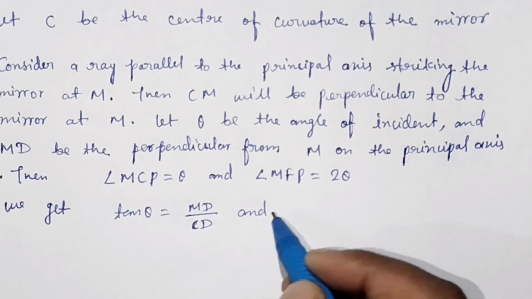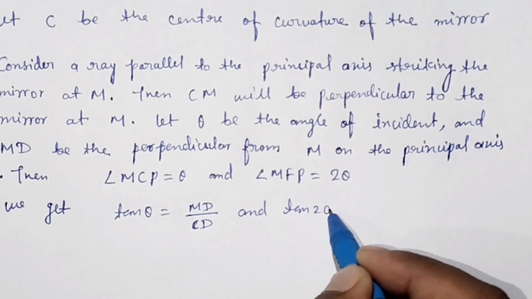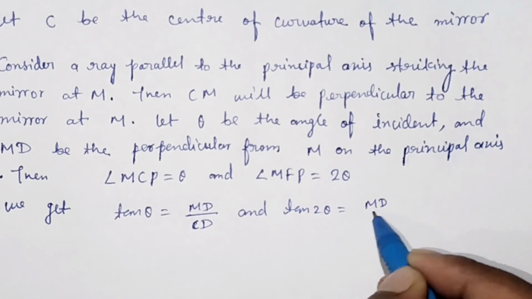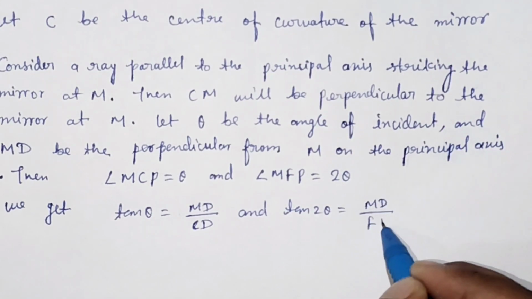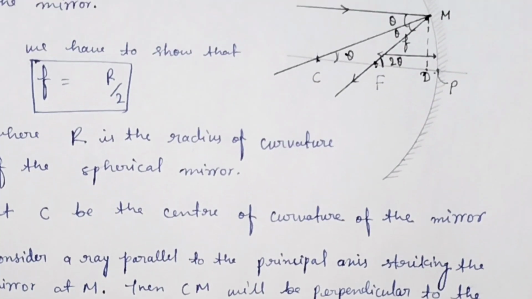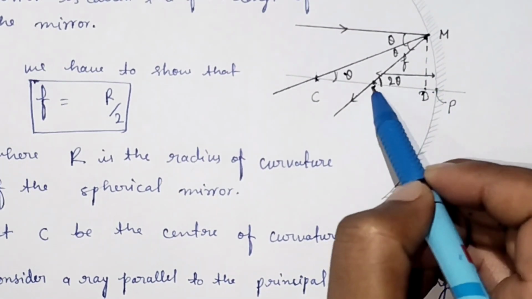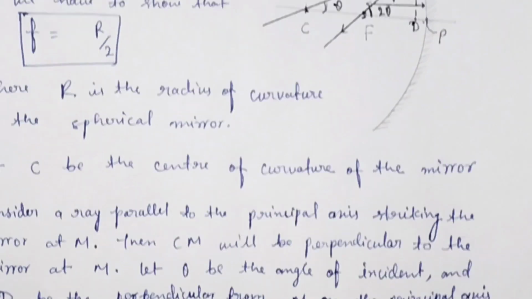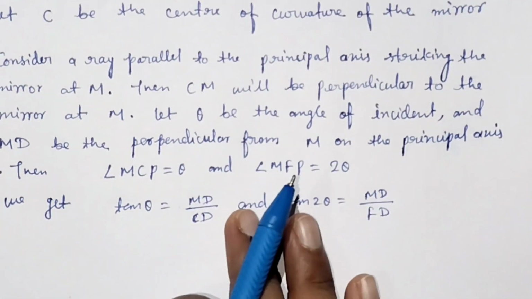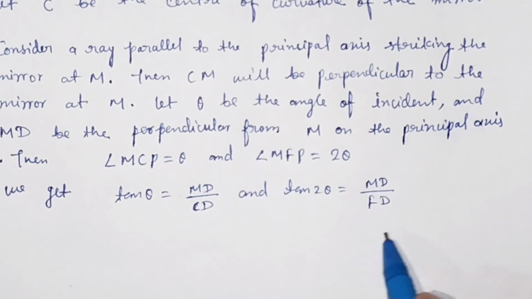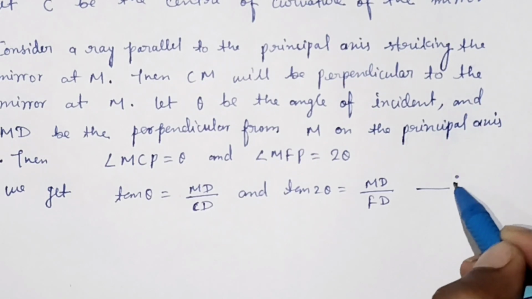And tan 2 theta is equal to MD upon FD. Also you can see here tan 2 theta is MD upon FD. This is equation first.